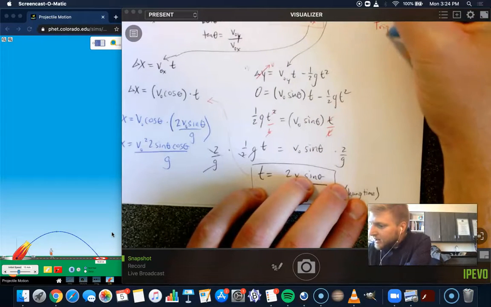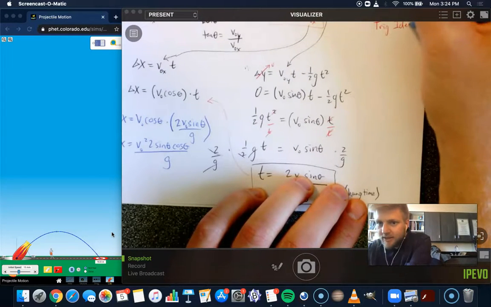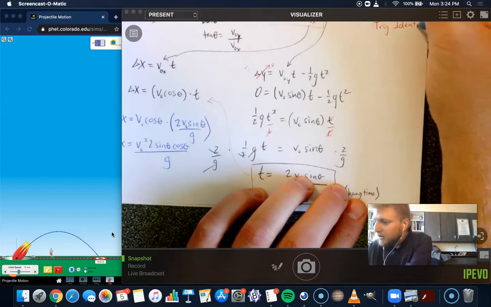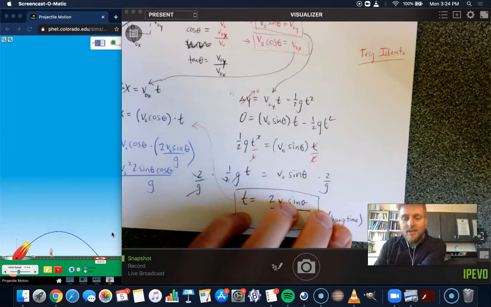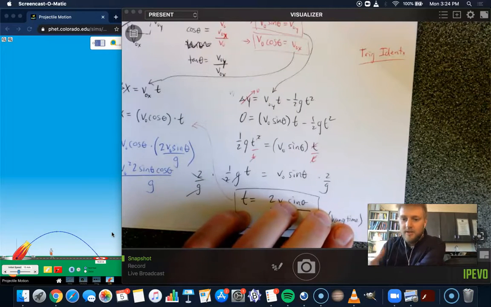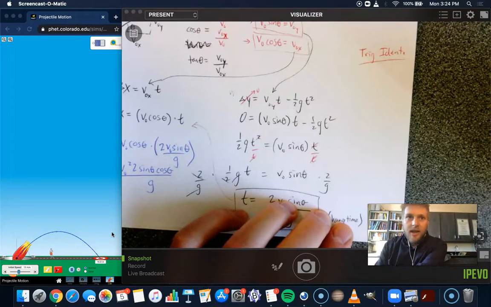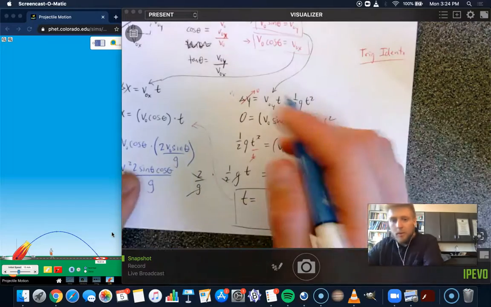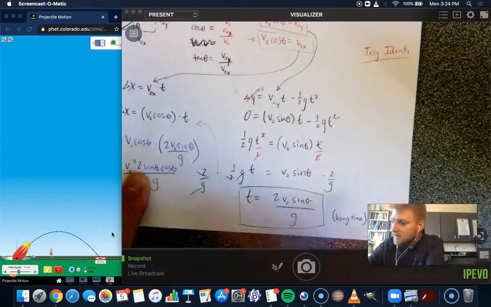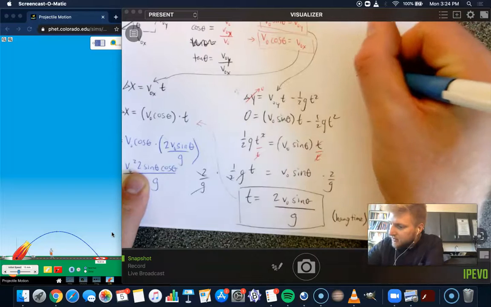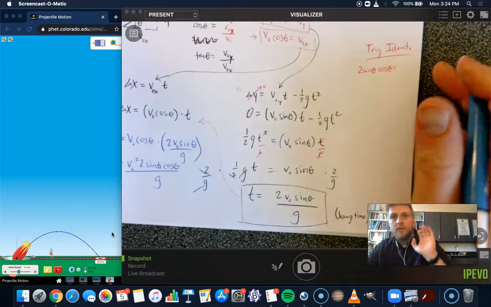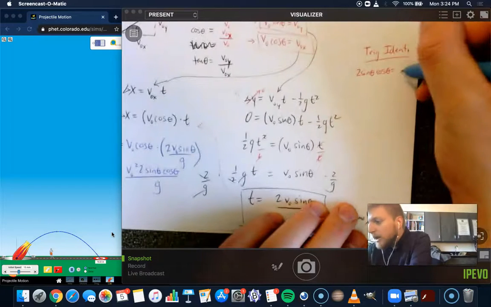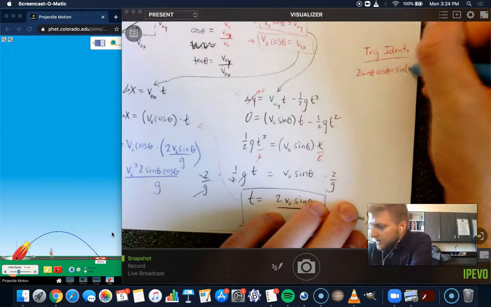This is a trig identity. This is a fact that you do not need to know for physics, but this is a fact we're pulling from pre-calculus and calculus. Basically, anywhere where we see this, 2 sine theta cos theta, you can just simply replace that with what's called the double angle identity.